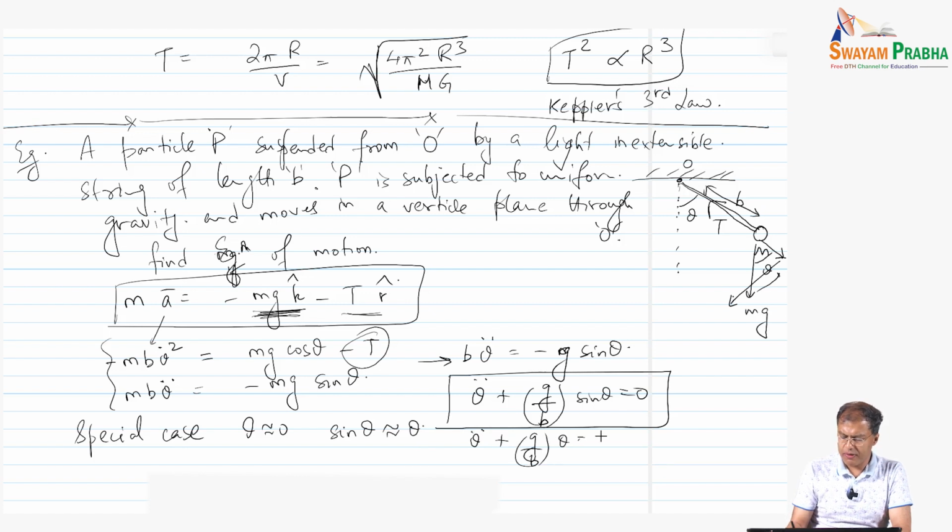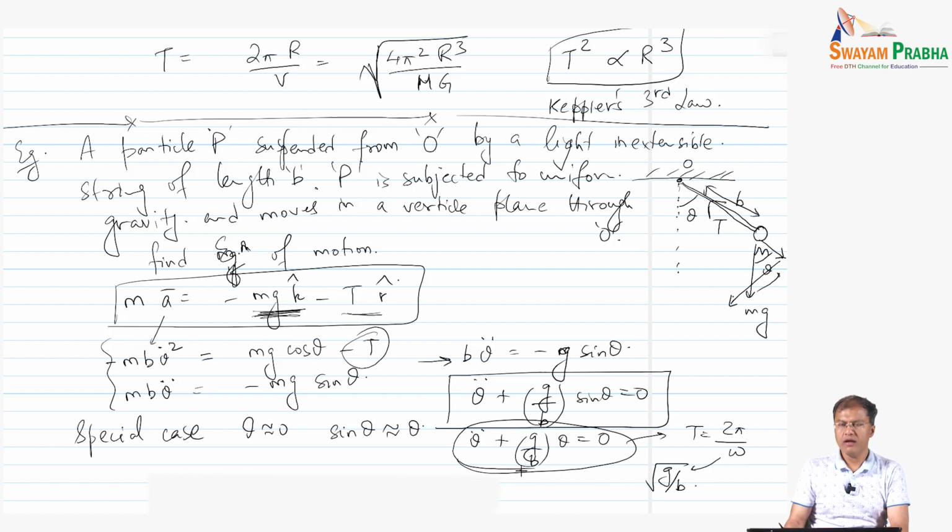So this is a simple case of simple harmonic motion, and from here I can quickly find the period. The period is going to be 2 pi by omega, where omega comes out to be the square root of g by b. So this is my omega square here. And then we want to actually solve this equation of motion for large amplitude, that is large theta.